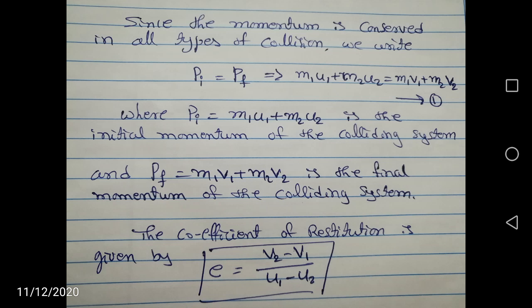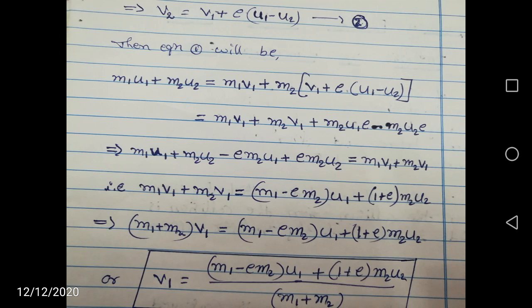Also we write the coefficient of restitution e as equal to v2 minus v1 over u1 minus u2, the ratio of the velocity of recession to the velocity of approach. From that we write the final velocity of mass m2 as v2 equal to v1 plus e into u1 minus u2.